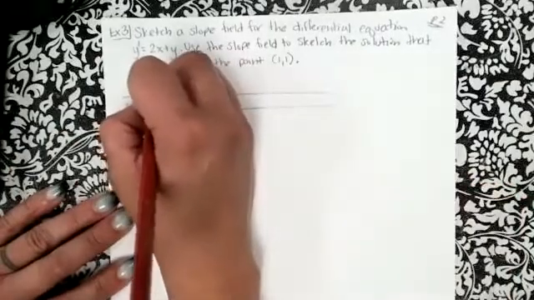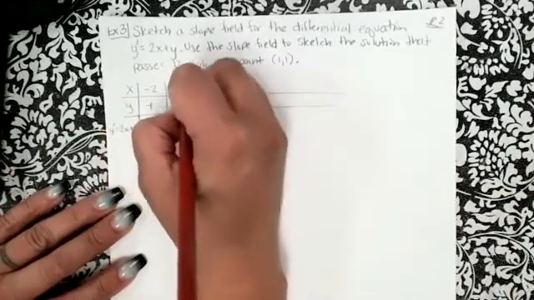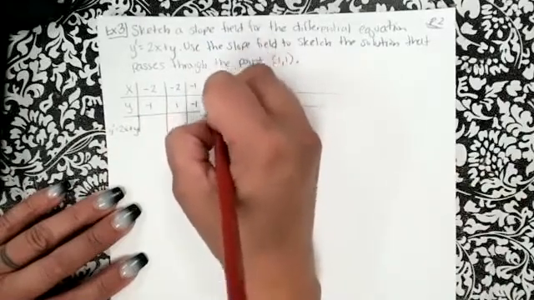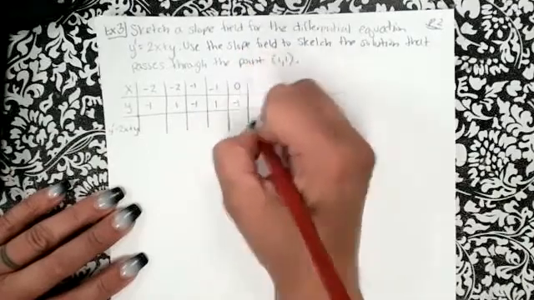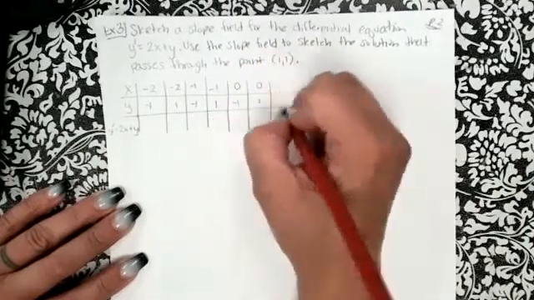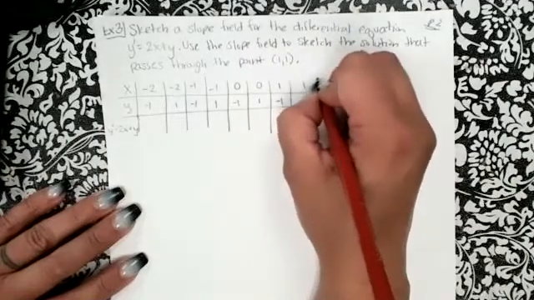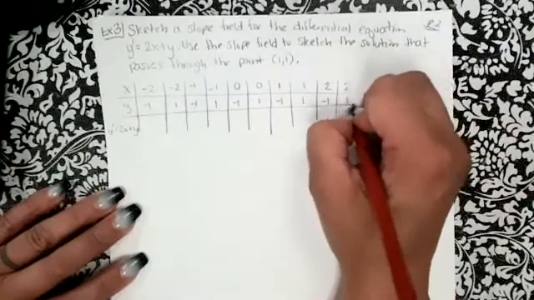I'm going to plug in the points -2, -1; -2, 1; -1, -1; -1, 1; 0, -1; 0, 1; 1, -1; 1, 1; 2, -1; and 2, 1.